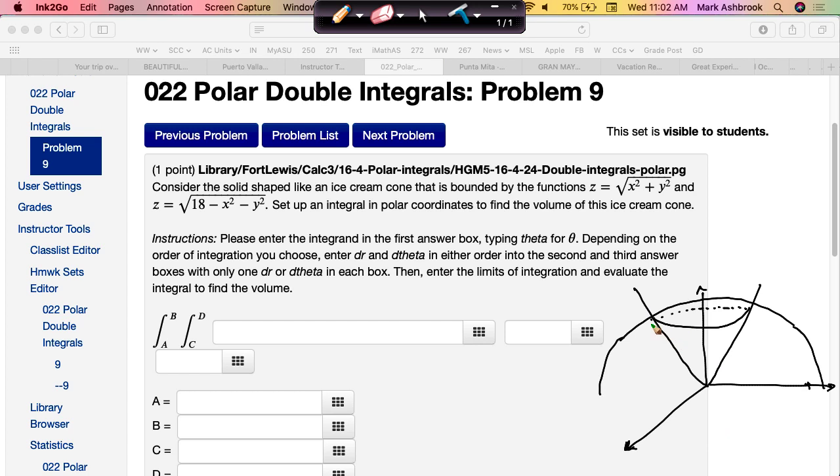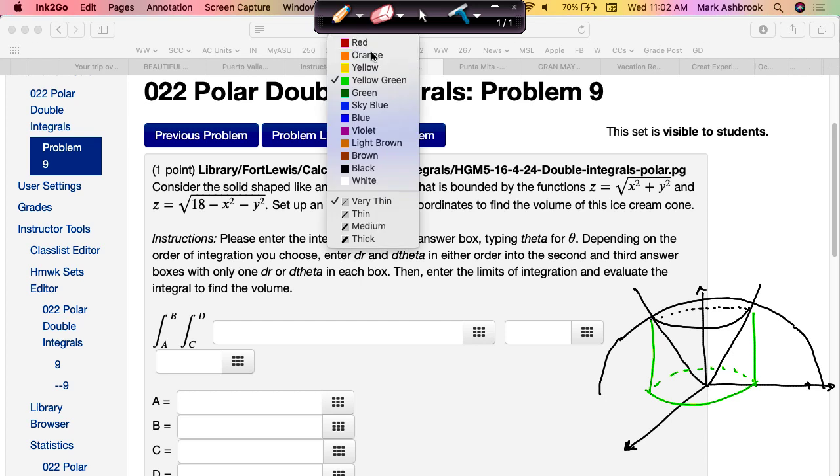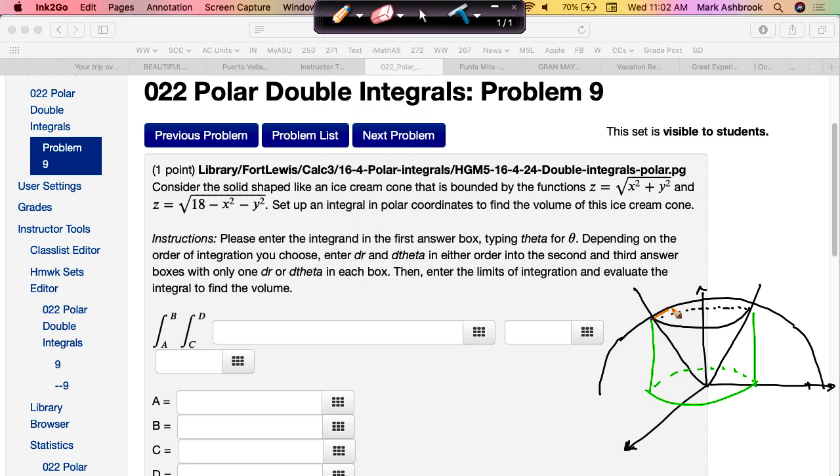So if I do the cone, I'm going to get this stuff in here, which is not what I want. If I do the sphere, what will I get? Everything from the sphere down. Okay, so if I do the sphere, I'll get a volume that's like this.